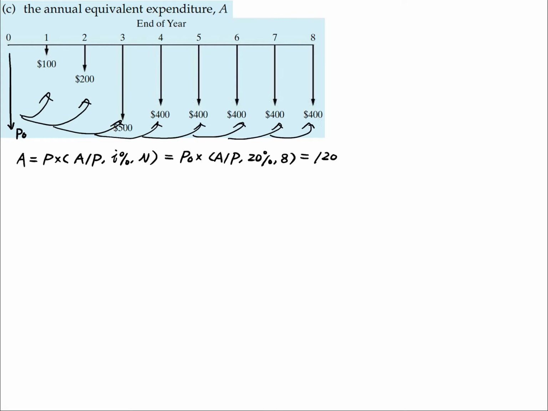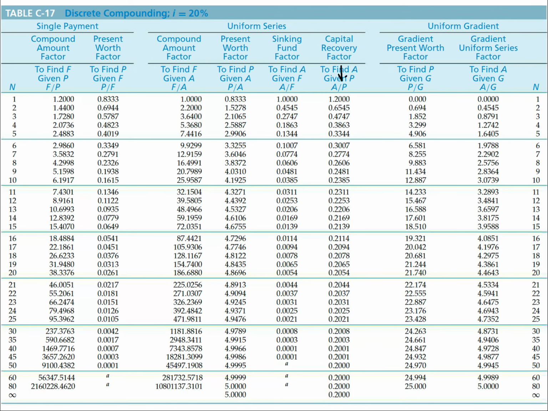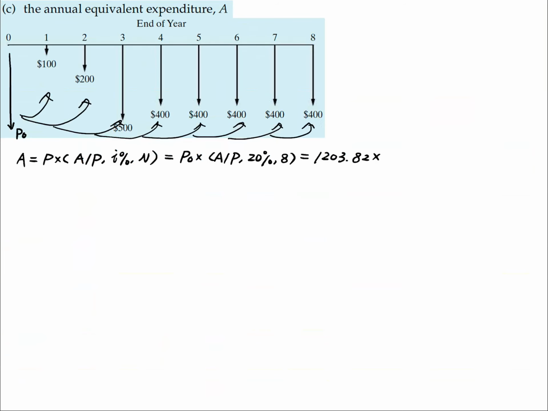P0 is something you calculated in the first question. It is 1203.82, and the factor A/P, that's the column, number of years 8. So this is your factor, 0.2606.